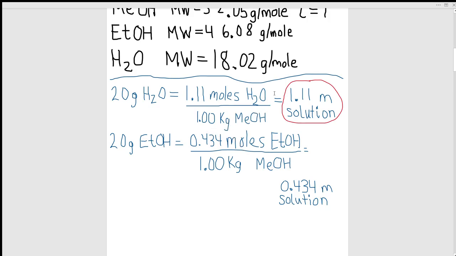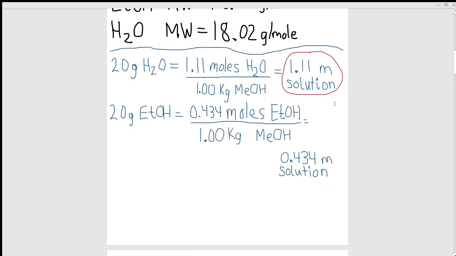In this top case, we divide 1.11 moles of water by our 1 kilogram of methanol to get a solution with a molality of 1.11. For this bottom case, we divide 0.434 moles of our solute ethanol by our 1 kilogram of solvent, and we find that our solution has a molality of 0.434.